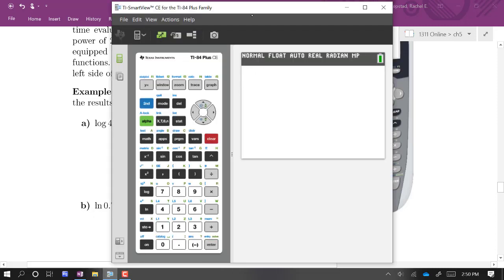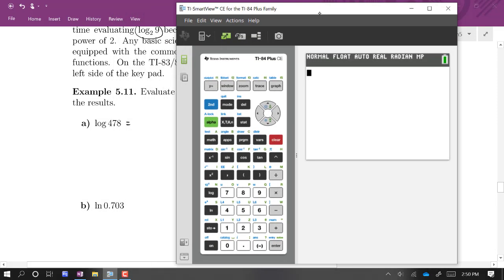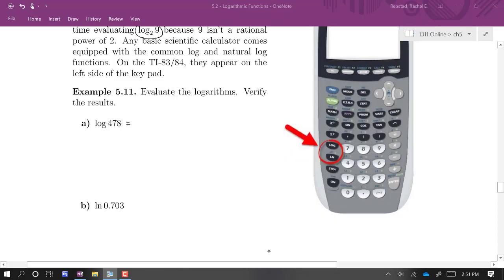Here we're going to first start with log of 478. So I'm just going to hit the log button, 478. I get 2.6794. Now I can check this.